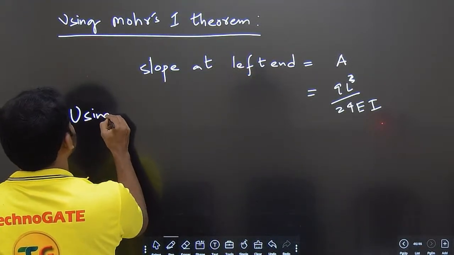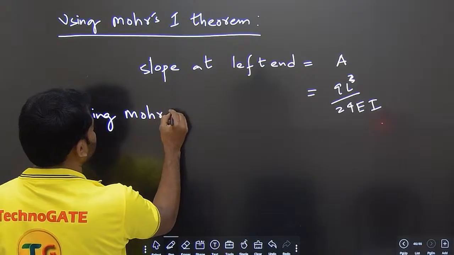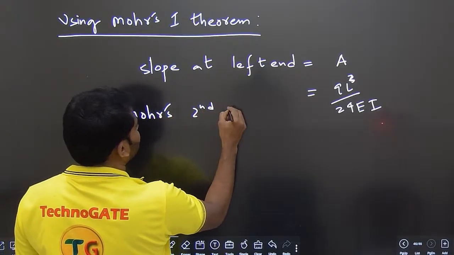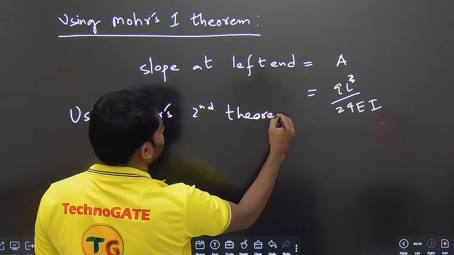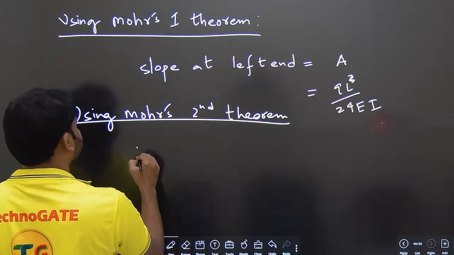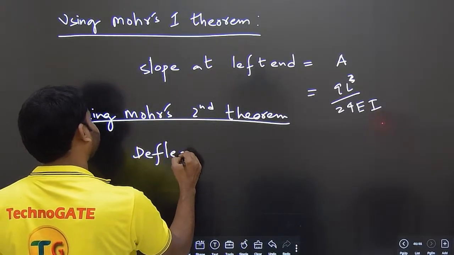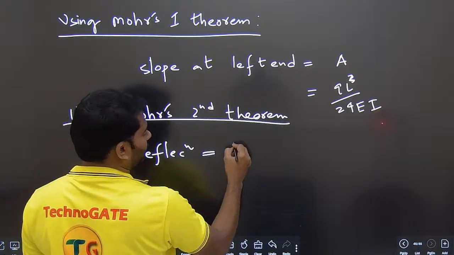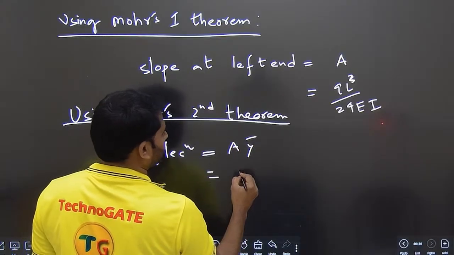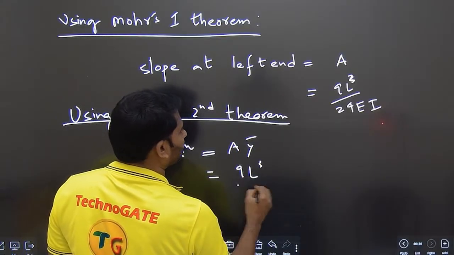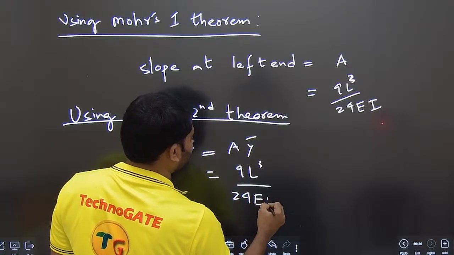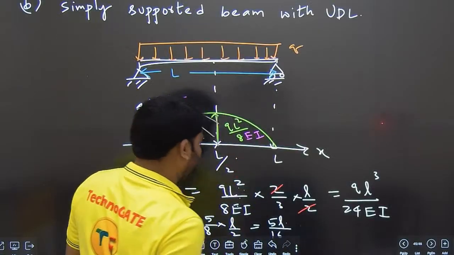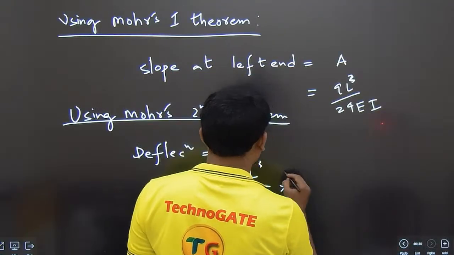Now using Moore's second theorem, you can say the deflection is equal to area into y bar. So qL power 3 by 24 EI into the y bar value, which is 5L by 16.